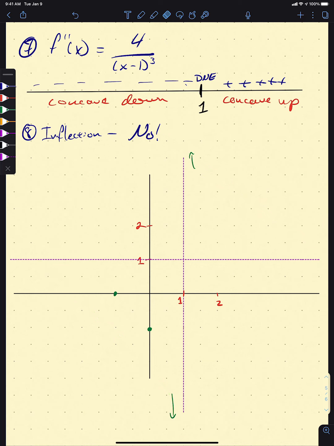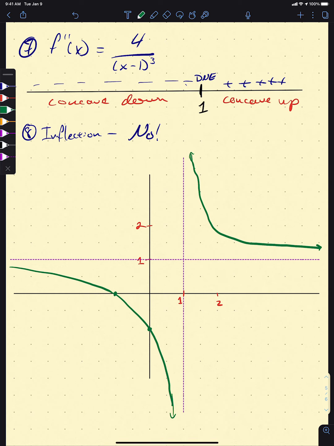We also know that we're concave down on the left side of this interval. So that's going to point us to doing something like this. And then we're concave up on the right side. That's going to point us to doing something like that, right?